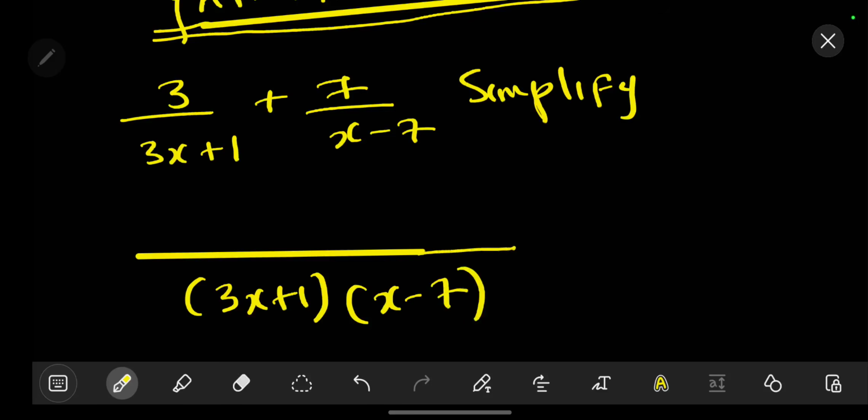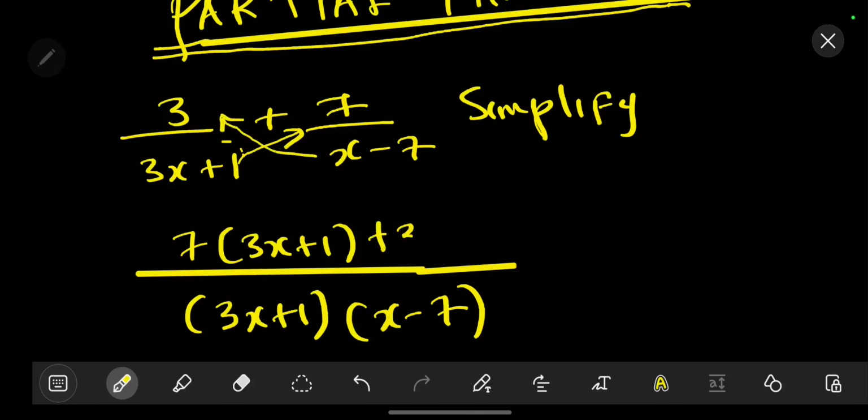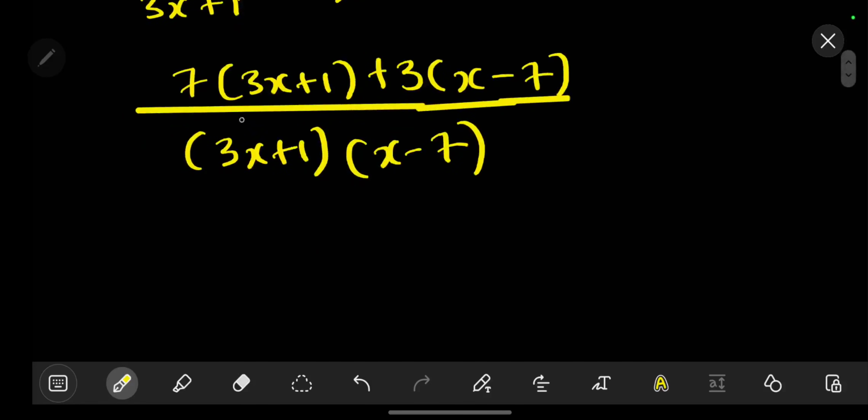Then this first denominator multiplies that, so we have 7 multiplied by 3x plus 1. Then this second denominator multiplies this one, so we have 3 multiplying our x minus 7.